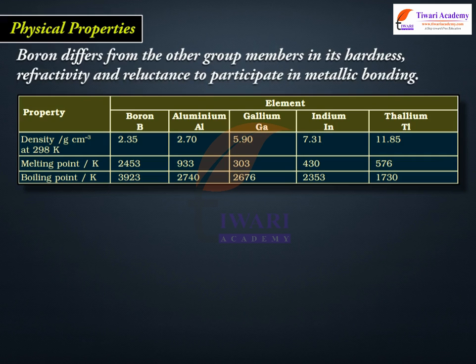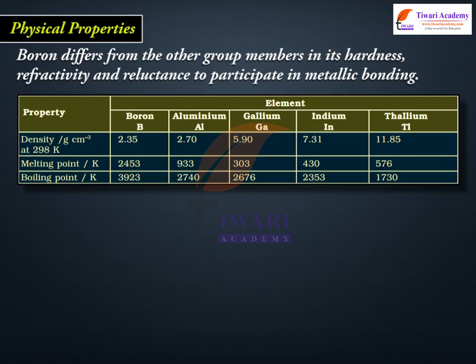In contrast, the trichlorides, tribromides, and triiodides of aluminium, gallium and indium, as well as TlCl3 and TlBr3, are more covalent in character.